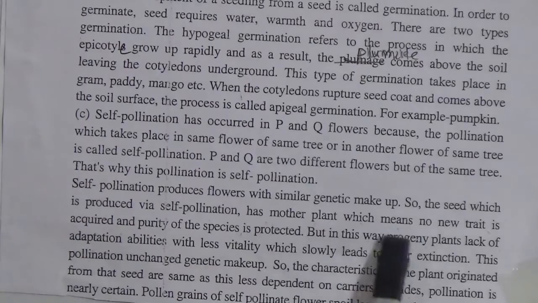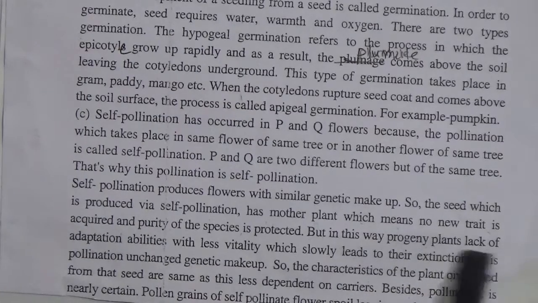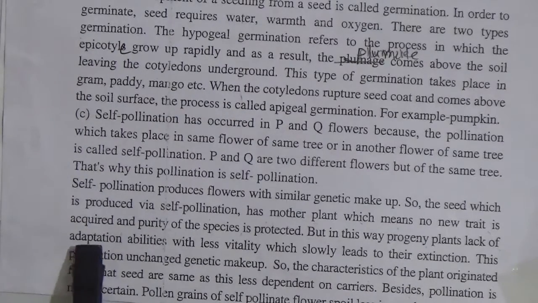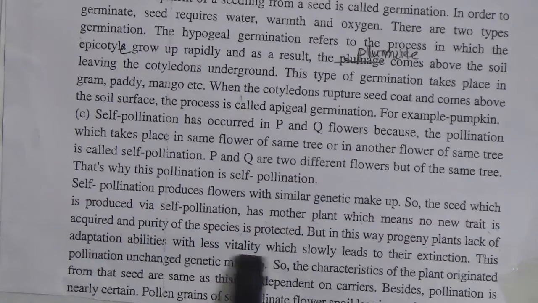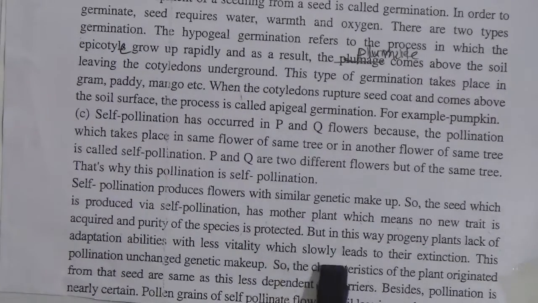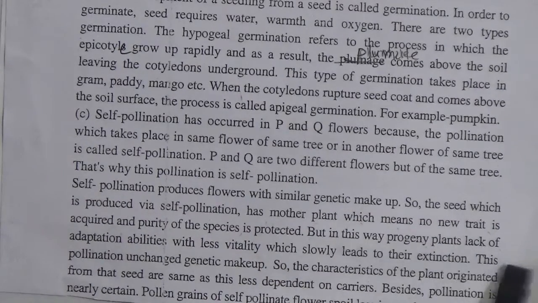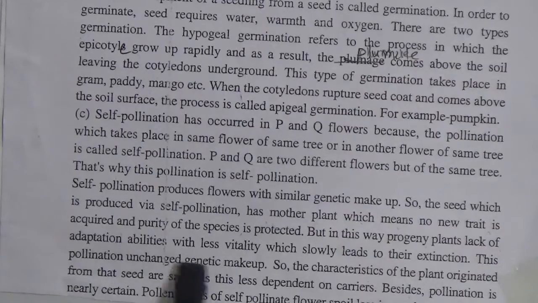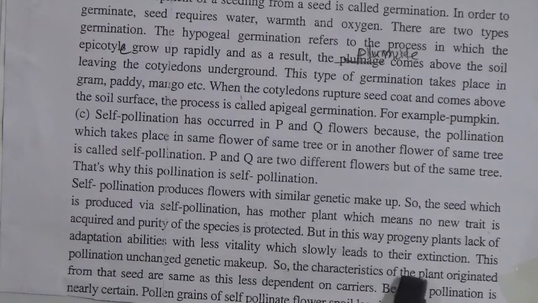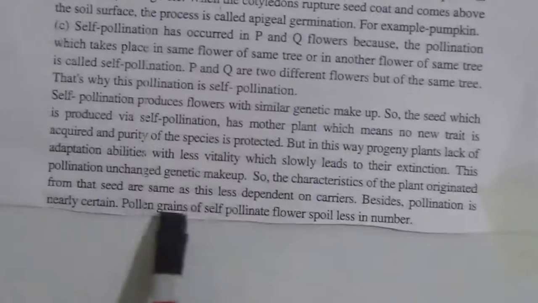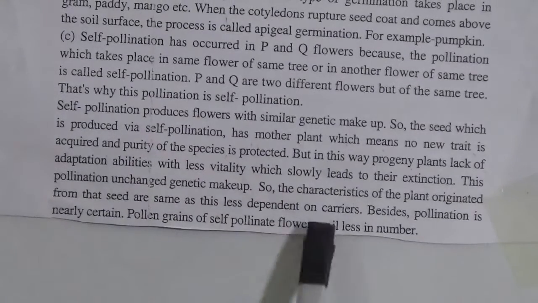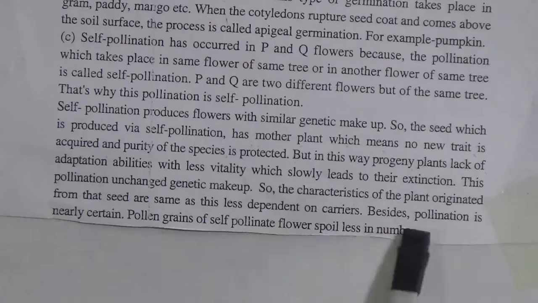But in this way, progeny plants lack adaptation ability and have less vitality, which slowly leads to extinction. This pollination leaves the genetic makeup unchanged, so the characteristics of the plants originating from the seed are the same, less dependent on carriers. Besides, pollination is nearly certain, and fewer pollen grains of self-pollinating flowers are wasted.